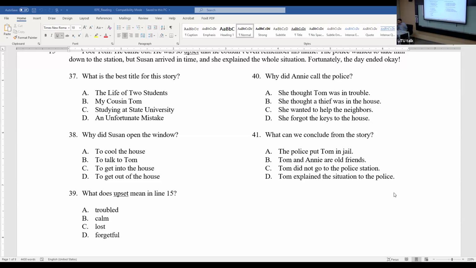So this is not clearly stated in the story. So they have to make inference about the conclusion of the story. So that's why we think that if your marginal A2 students cannot get this item correct, it should be at least B1 or above, right?